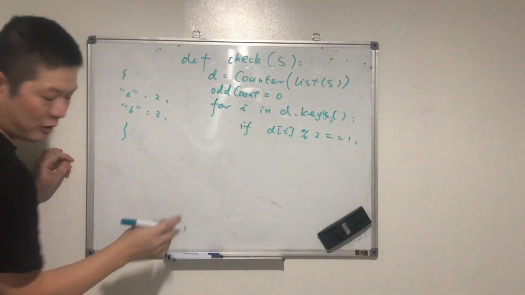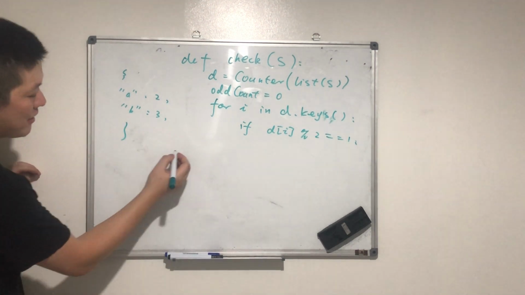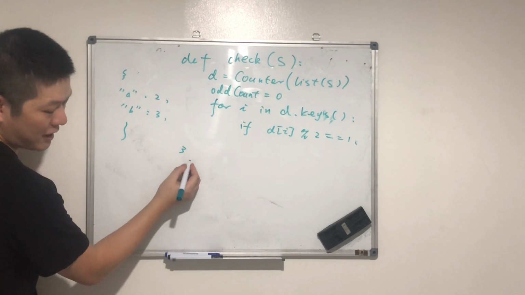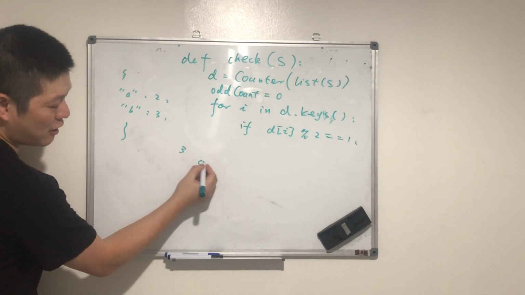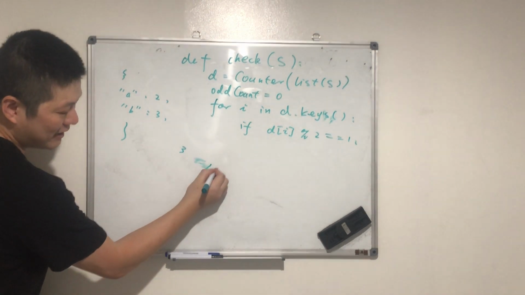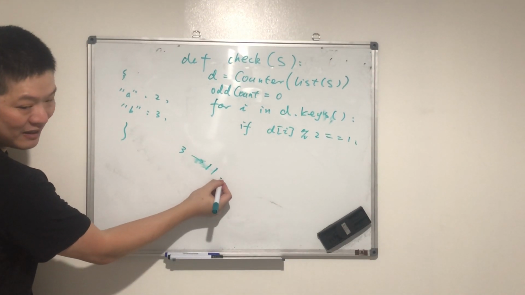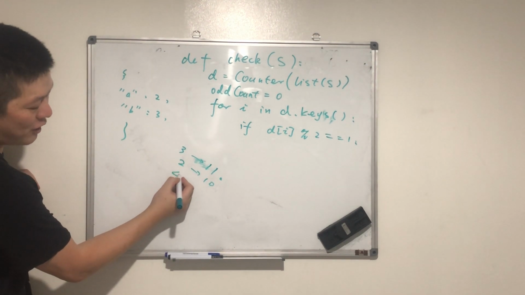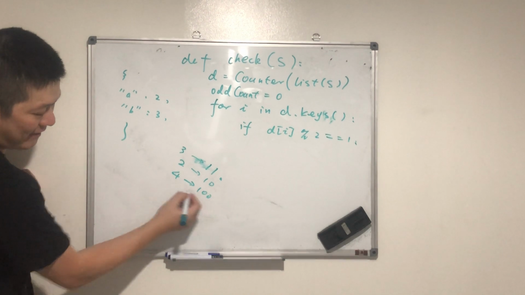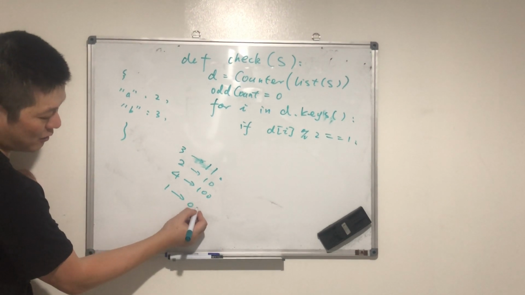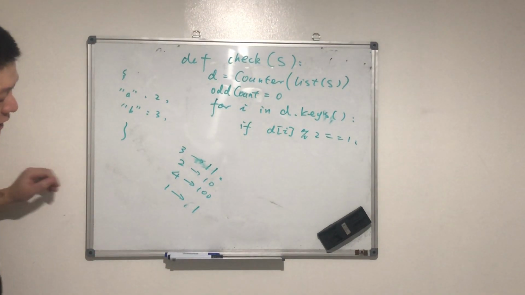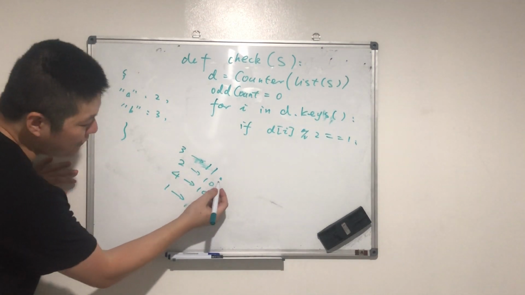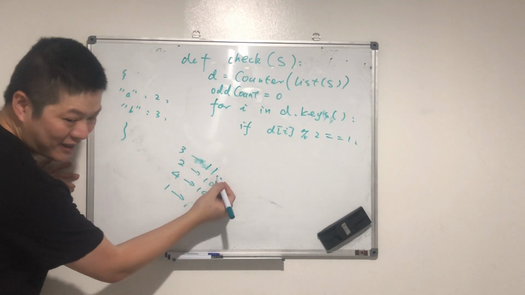Remember the binary of an integer. 3 in binary is 0, 1, 1. 2 in binary is 1, 0. 4 in binary is 1, 0, 0. 1 in binary is 0, 1. So in binary, if the last digit is 1, then it's an odd number.